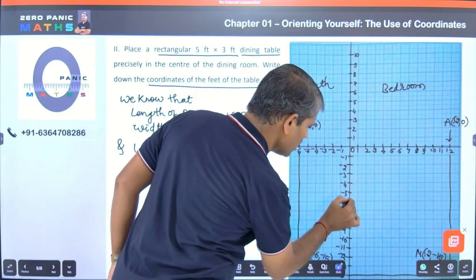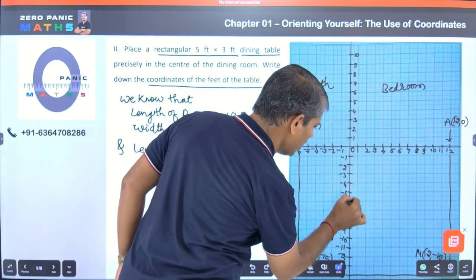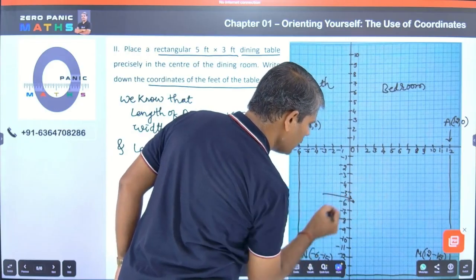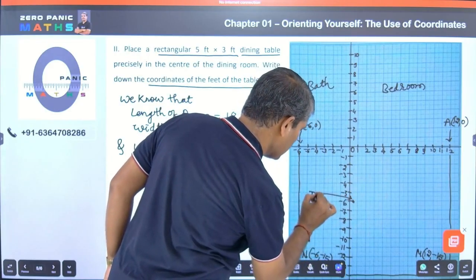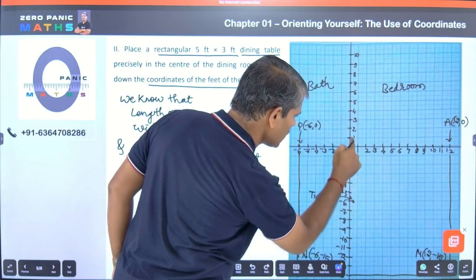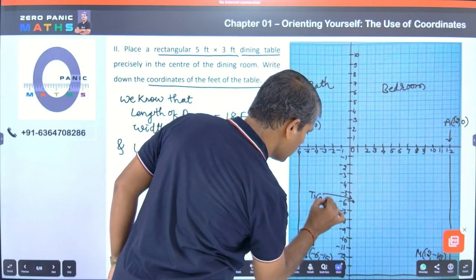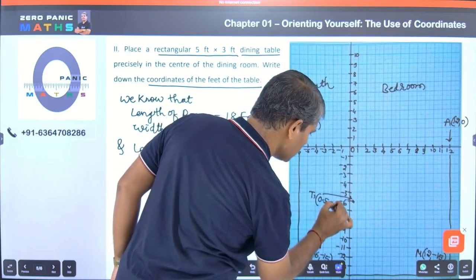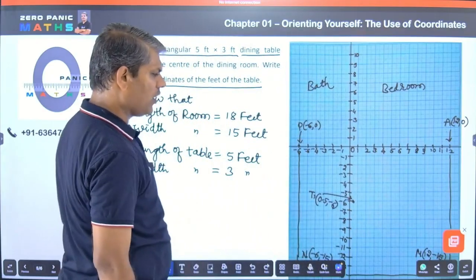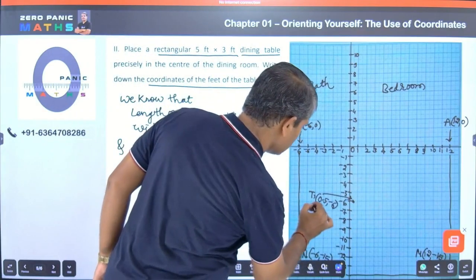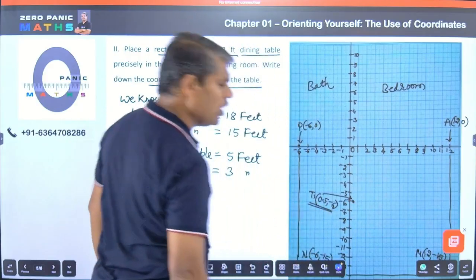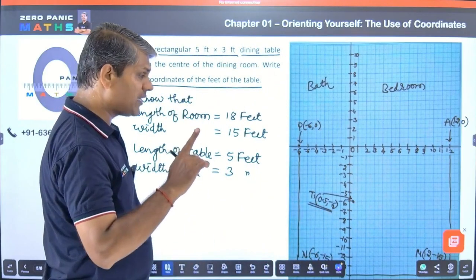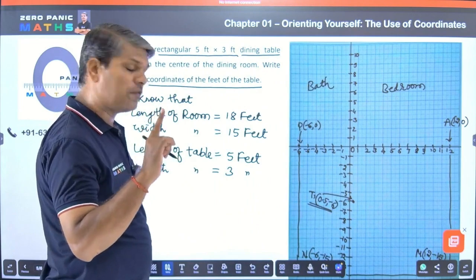Let me identify this point as T1. What is T1? The x coordinate is 0.5, and the y coordinate is minus 6. So remember, the point 0.5 and minus 6 is where we are placing the top left corner of the table.